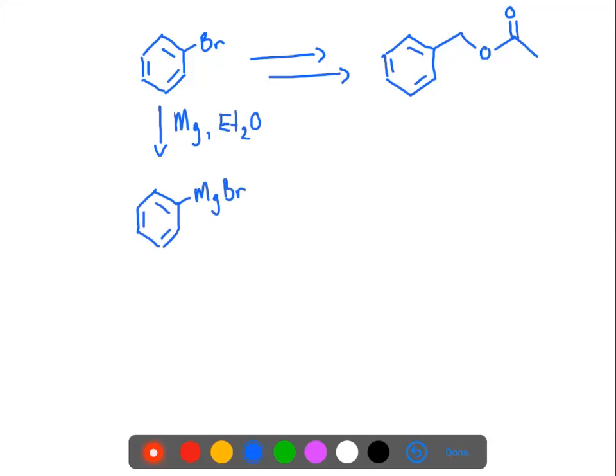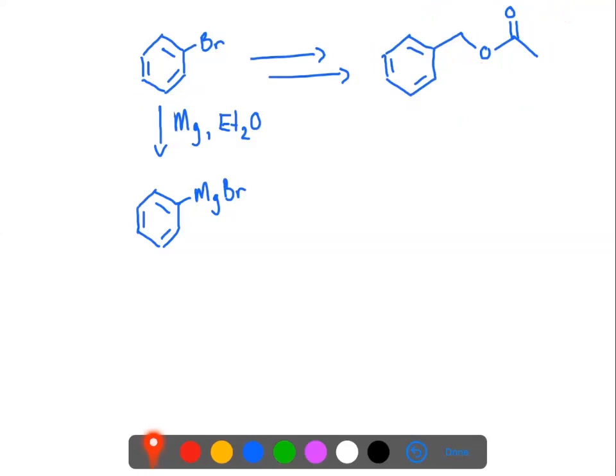So looking forward to our ester that we want to make, notice how the phenyl ring, which is where our benzene will eventually become, is attached to the ester oxygen. And there's actually one carbon in between the phenyl ring and that ester oxygen. And you may recall that one way that we can make esters is to react an alcohol with an acid chloride.